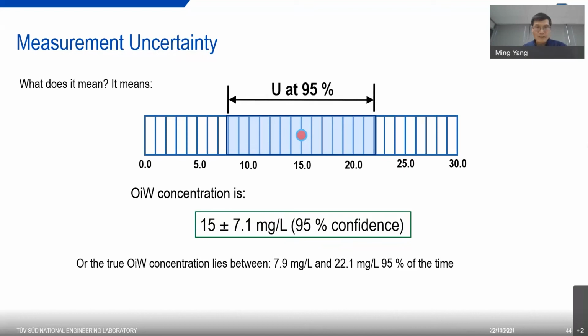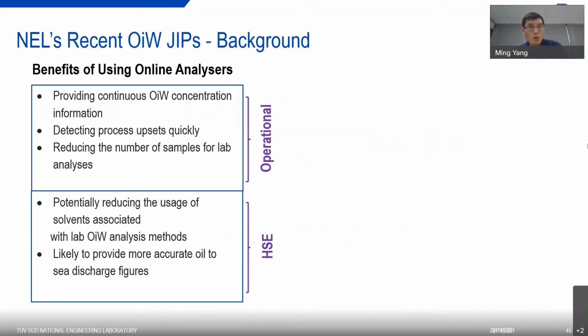So, just three slides talking about some of our recent work and also planned future work. Now we know online oil in water analyzers can bring many benefits. Operationally, they provide continuous oil in water information, can detect upsets, and can reduce the number of samples for lab analysis.